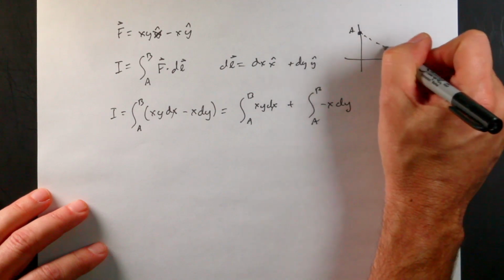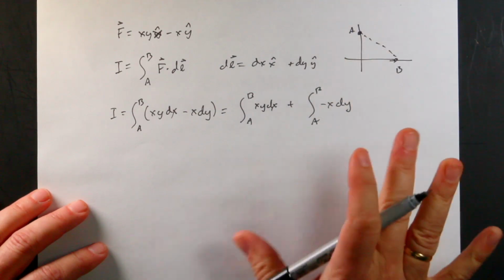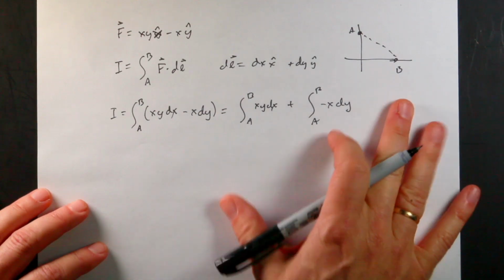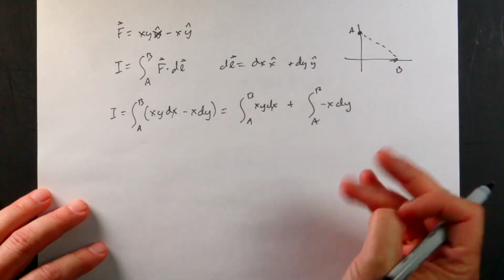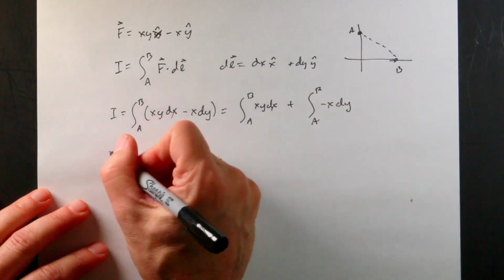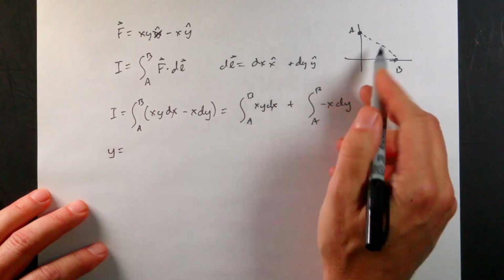Okay, so this path is a line. In 2 dimensions it's really not too complicated. If you want to do a 3-dimensional line integral along a path, then you have to use some parametric equations, and I just didn't want to do that. So what's the equation of this line? Well, y equals mx plus b.